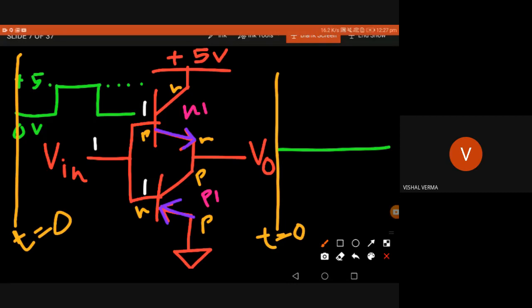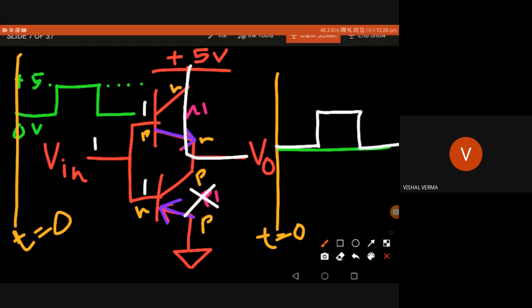That means the output is shorted to the ground. And what about the PNP? Base is high voltage, so it is off. So at that time, we can see VDD is connected to the output. So the waveform is like this, high, and all the time the input is high, it remains high. Whenever input again goes low, the same action continues.